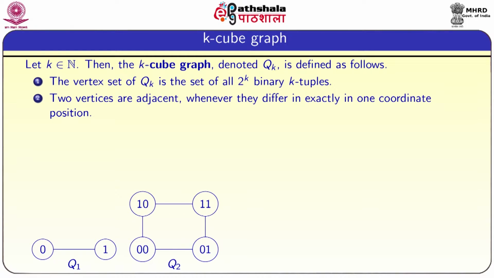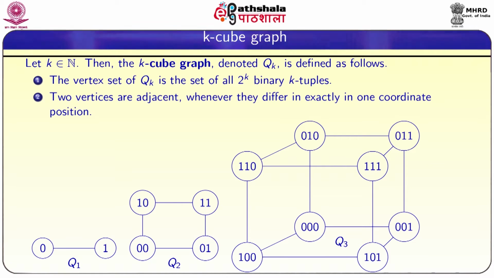It is because there is a difference in two bits, but between 00 and 01 there is a difference in only one bit. Similarly, between 01 and 10 also there is no edge, because 0 changed to 1 and 1 changed to 0. And similarly, the Q3 graph is defined with binary sequences of length 3.